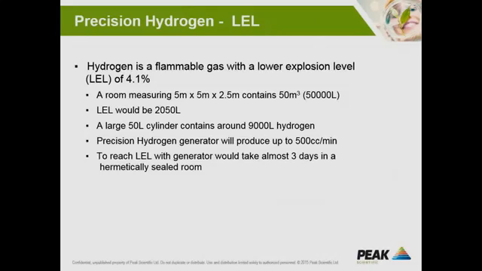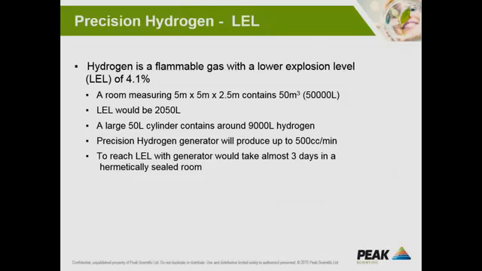For example, if we have a room measuring 5 by 5 meters with a 2.5 meter room height, this room would contain 50 cubic meters, or 50,000 liters, of air. So the LEL for hydrogen would be just over 2,000 liters. If you had a cylinder in this room and rapidly released the contents, you'd very quickly reach the LEL by releasing just a quarter of the contents of the cylinder.